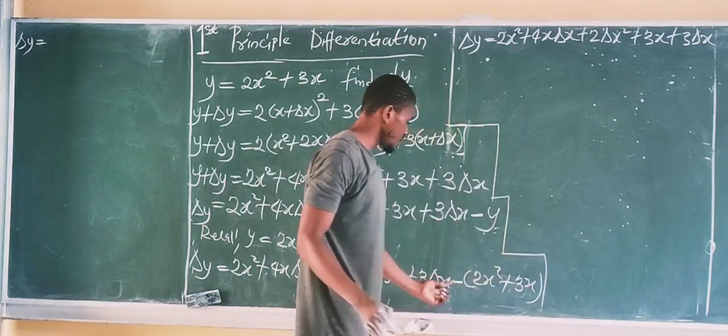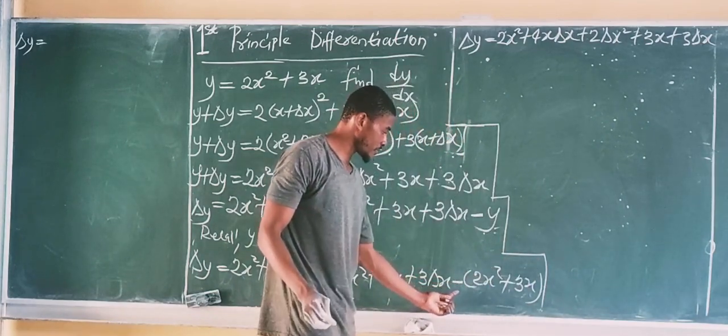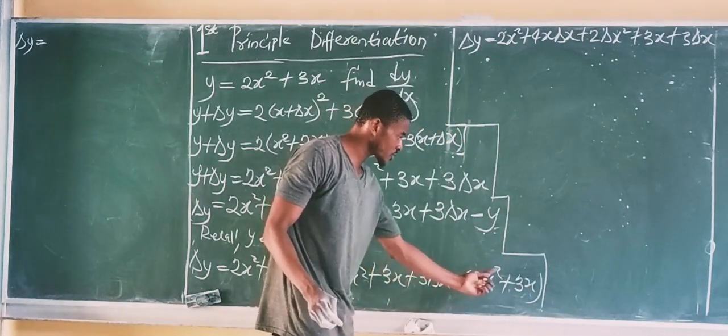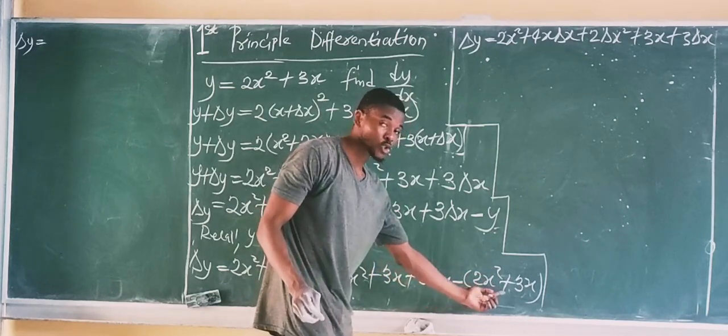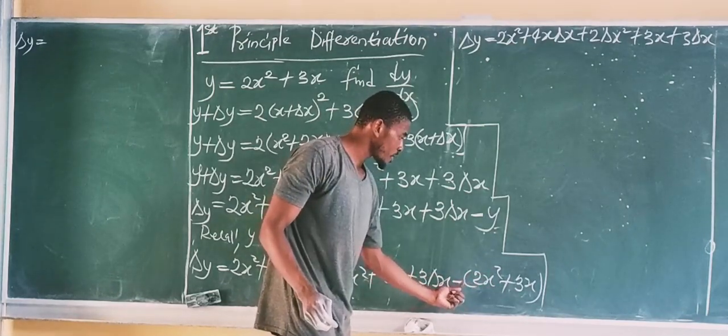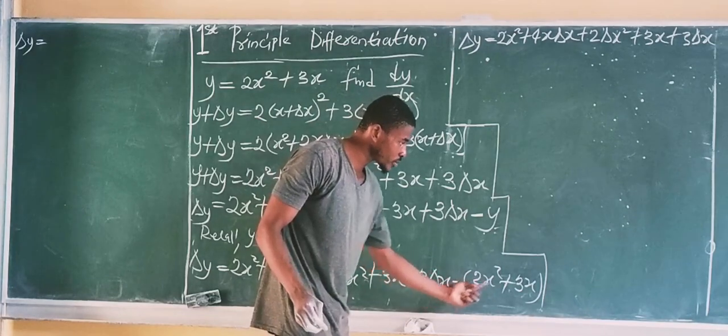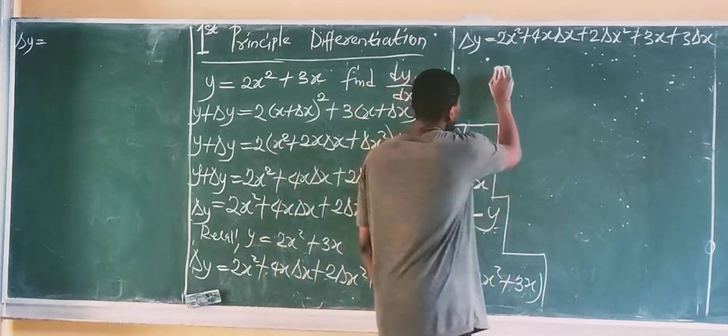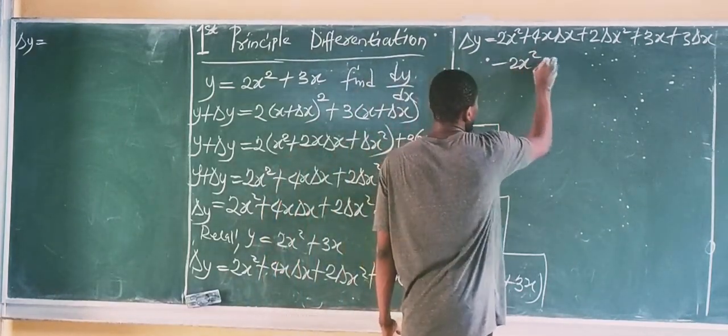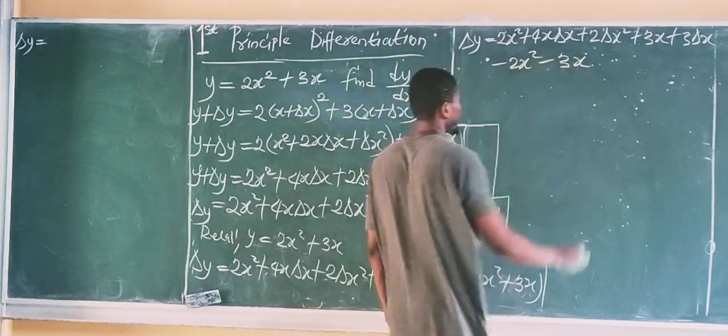Now take note, if I now expand this bracket with the minus, it becomes minus 2x squared, minus times plus also minus, so we have minus 2x squared minus 3x. So this is simply minus 2x squared minus 3x.